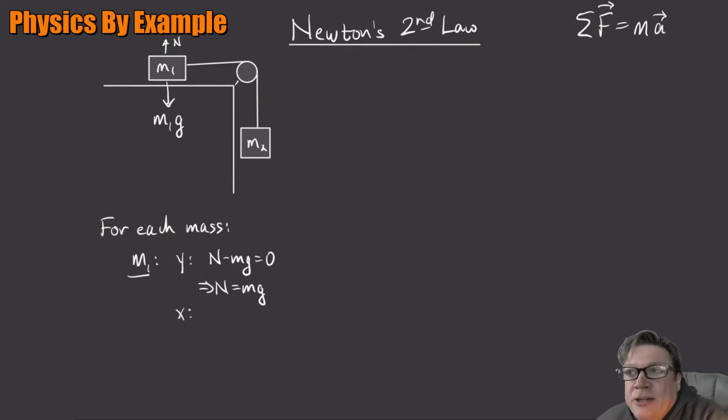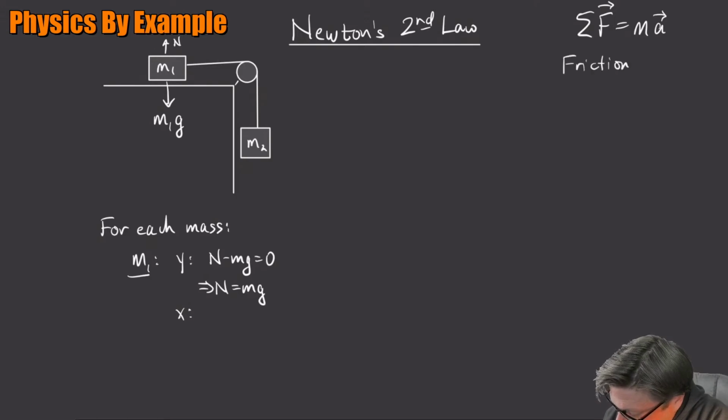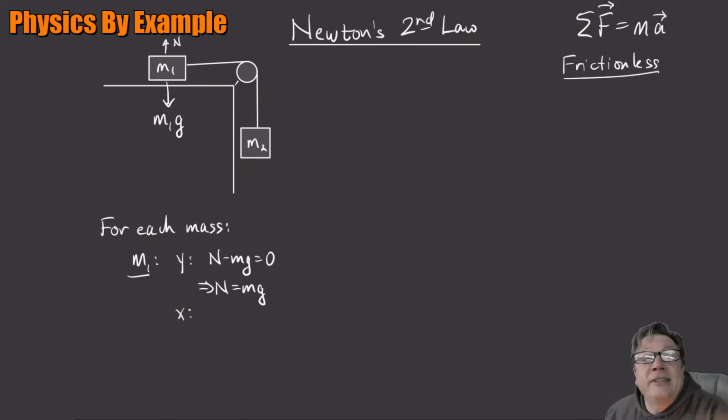In the x direction, what are the forces on this mass? Well, it's frictionless. It's a frictionless tabletop. We'll put friction in the next example, right? Let's keep it simple. So the only force in the x direction is the tension.